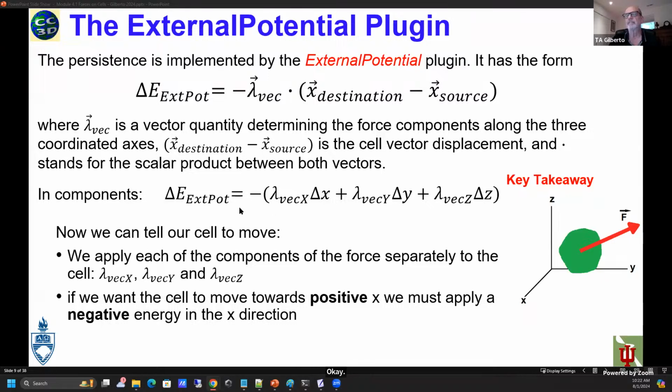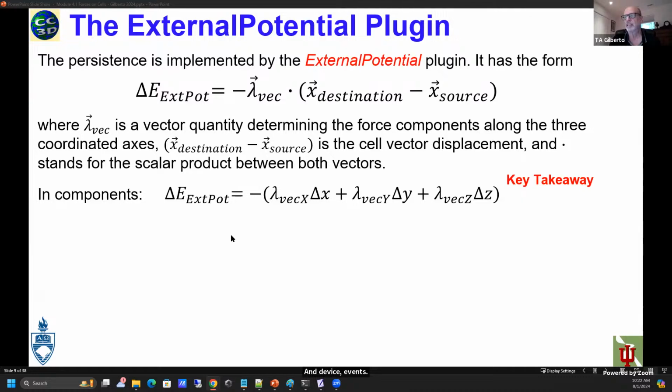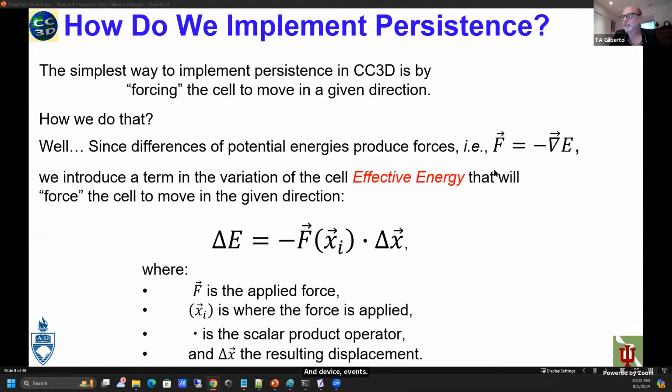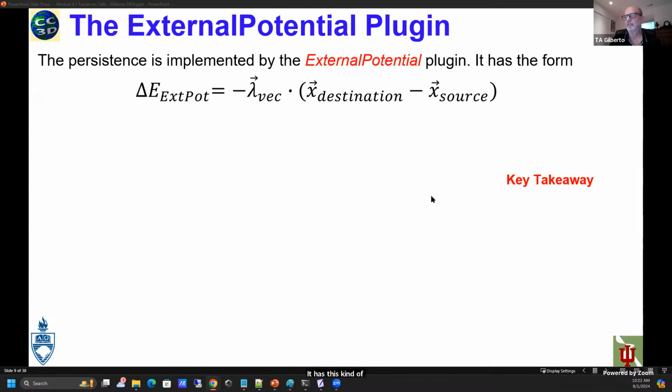As the force is minus the derivative of the potential, if you want the cell to move towards positive x, you must apply a negative energy, and vice versa. Because remember, force has this kind of sign here.